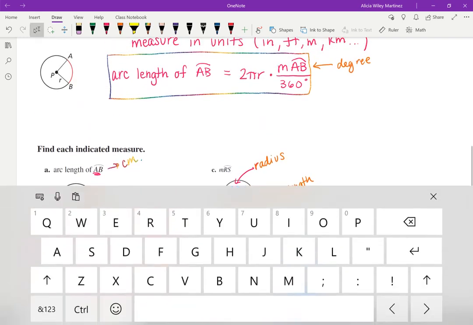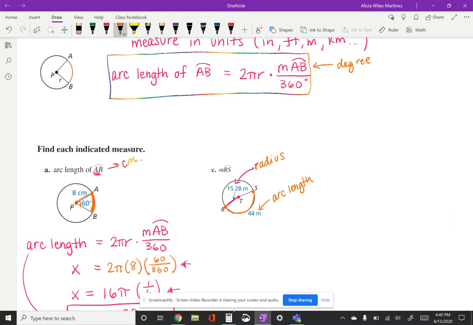So that's the information that we have. If you look at the formula, the part that we are going to be trying to find is this value right here. Instead of AB, it's going to be RS, right? Okay, so the length of RS. If you're going to use arc length RS, that means your measure of your arc and angle should also be with RS. So this arc and this arc right here, they should be the same. Okay, and they are.